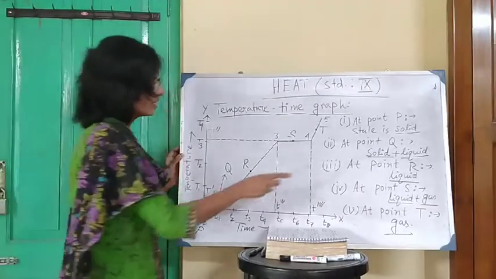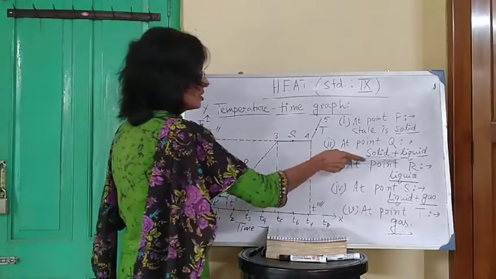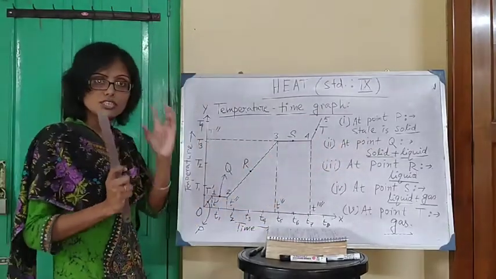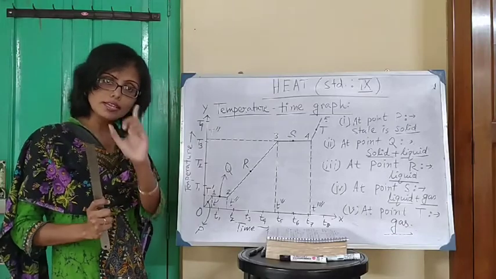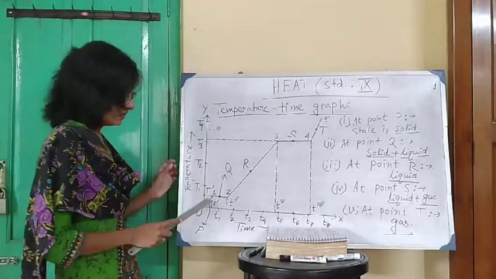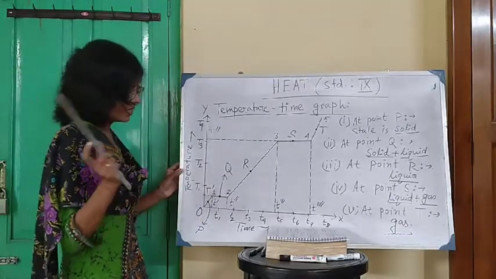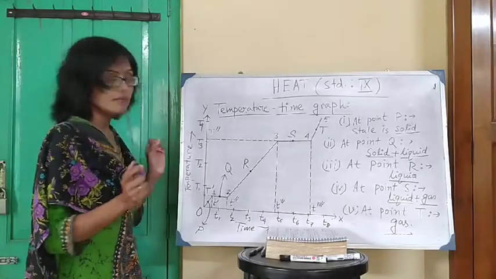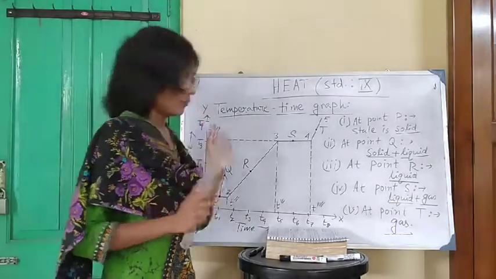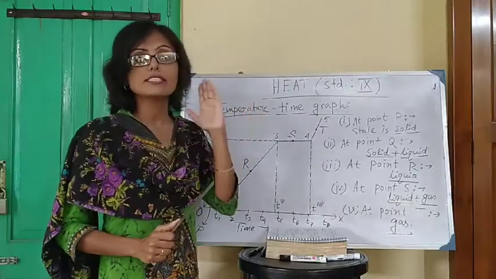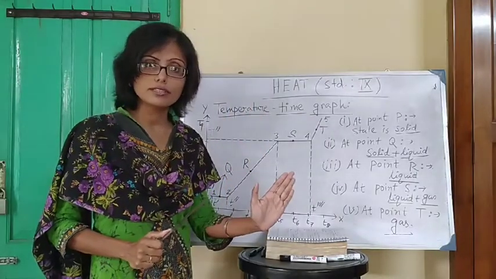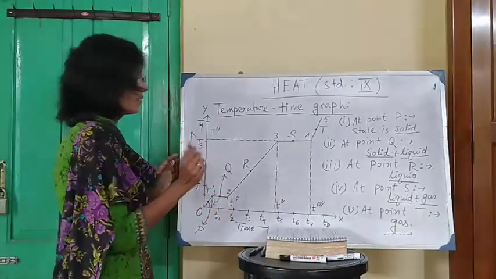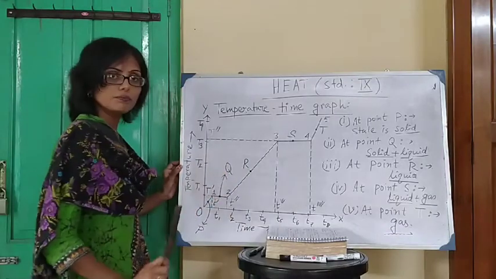That means at point Q the matter is a mixture of solid and liquid. The temperature remains constant. What is the name of this temperature? T prime is nothing but the temperature at which the solid starts changing into liquid, that is, the melting point of the solid. Consider another point R on the straight line 2, 3.